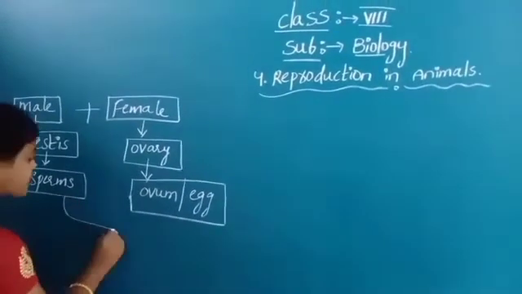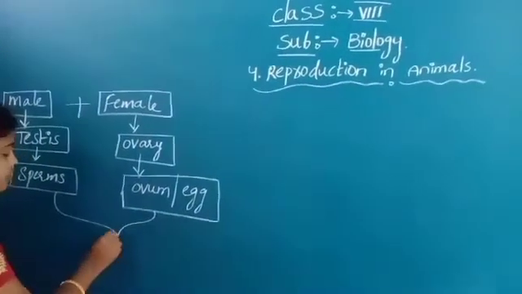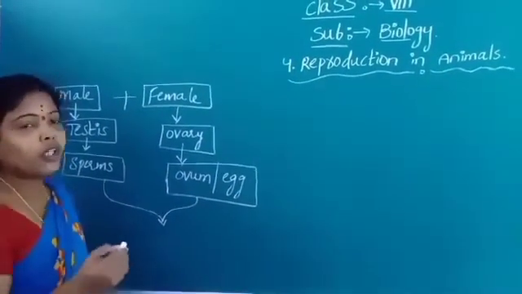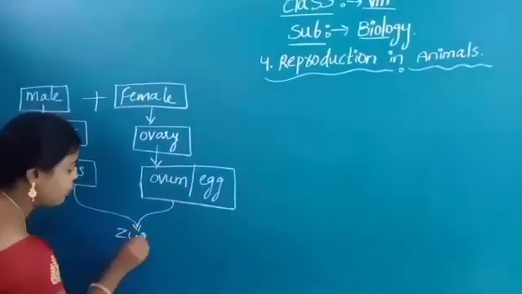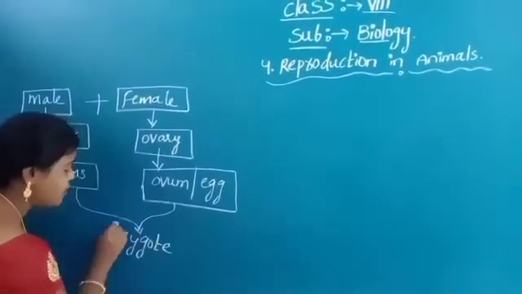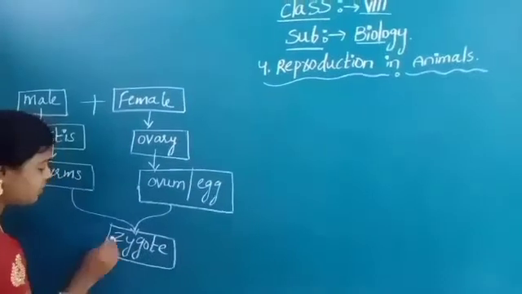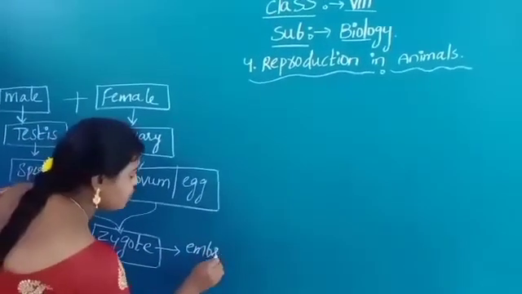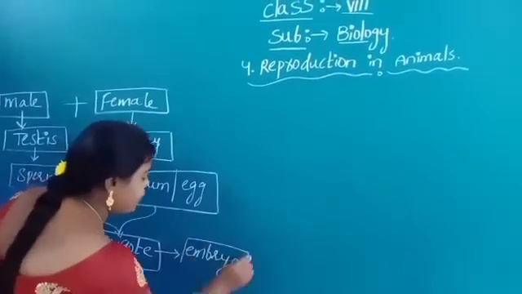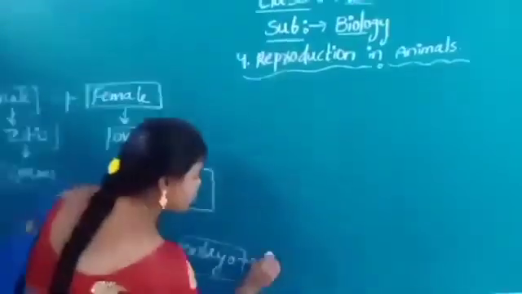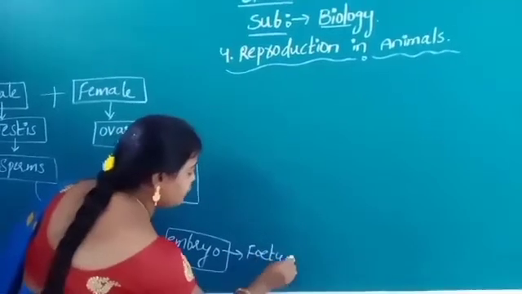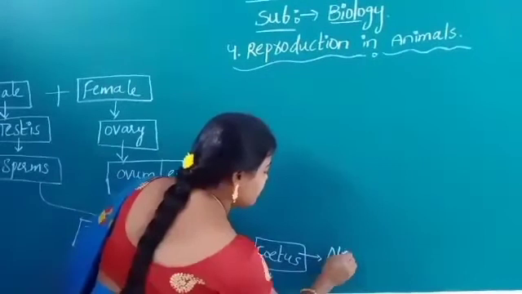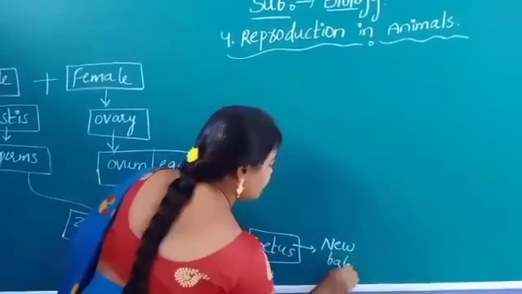The sperms and ovum combine together to form a zygote. Then the zygote develops into an embryo. The embryo develops into a fetus. And the fetus develops into a new baby.